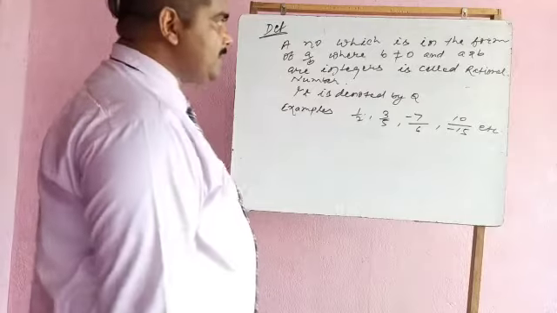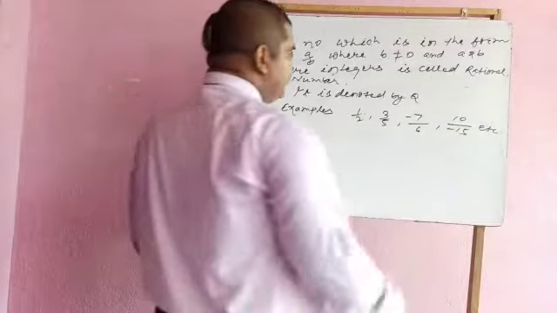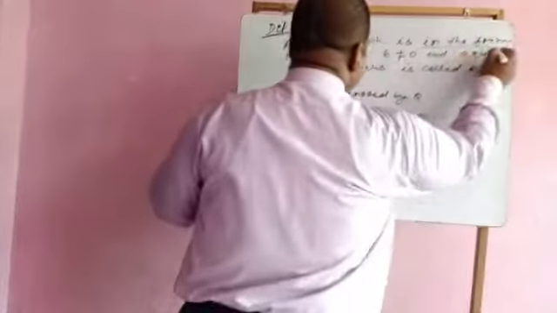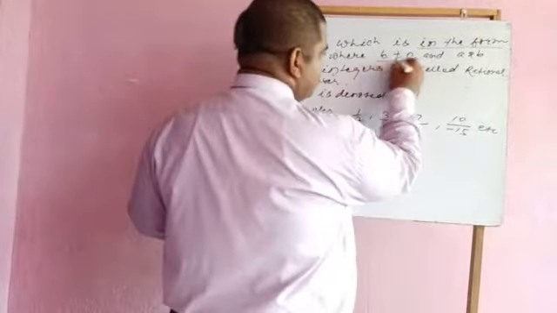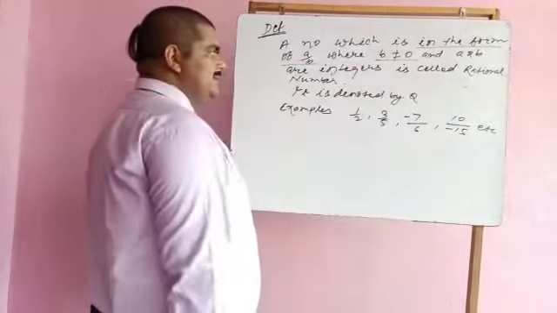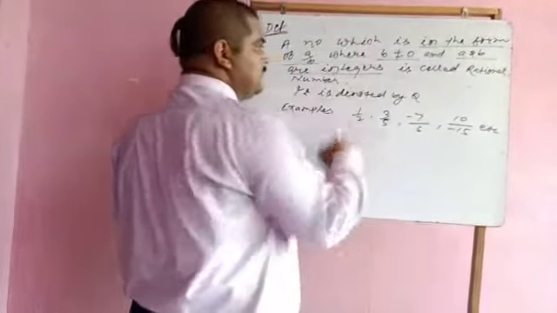My dear students, you have to keep 3 things in mind. First, it must be in the form of a upon b. Second, b does not equal 0. And third, a and b both are integers.